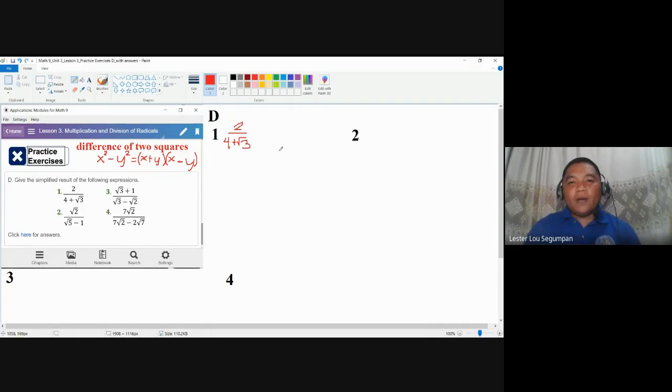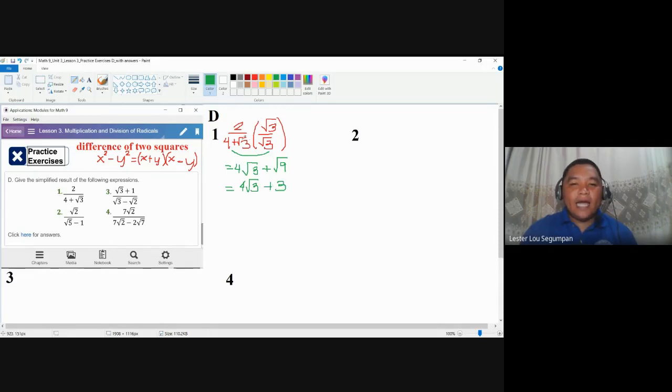If we apply what we learned in the previous video, we simply multiply by a value equal to 1, which is square root of 3 over square root of 3. When you multiply the denominator, it will result to 4 square root of 3 plus square root of 9, which is equal to 4 square root of 3 plus 3.